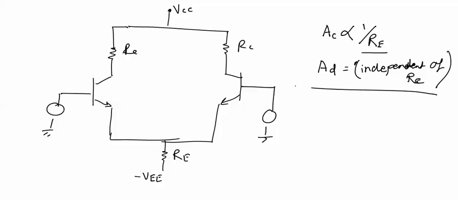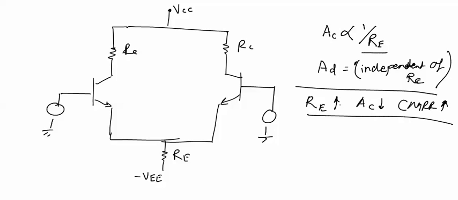If it is independent of RE, AD is not affected because of RE, while AC is affected because of RE. So if we increase RE, AC will decrease, and CMRR will be improved. So to improve CMRR, RE should be as high as possible.